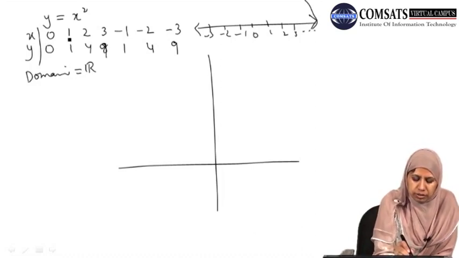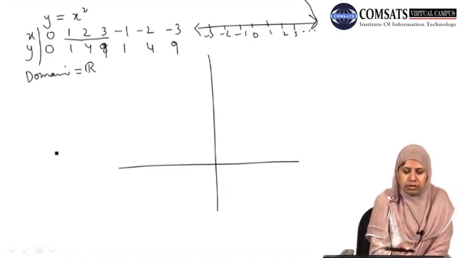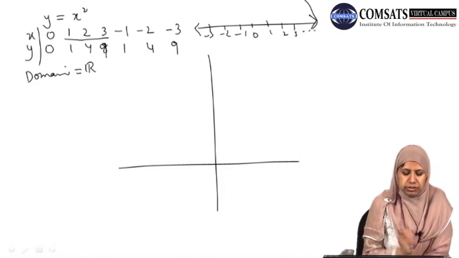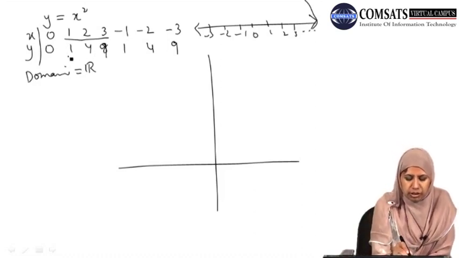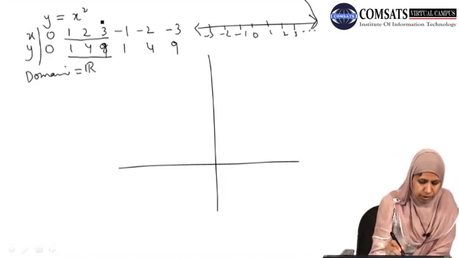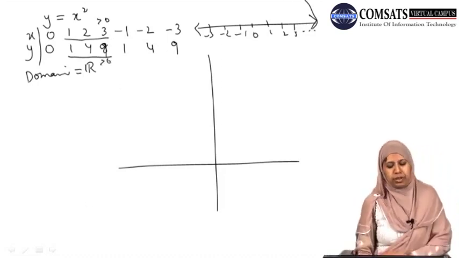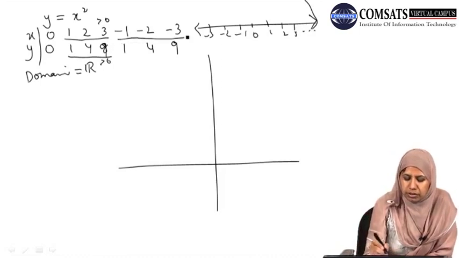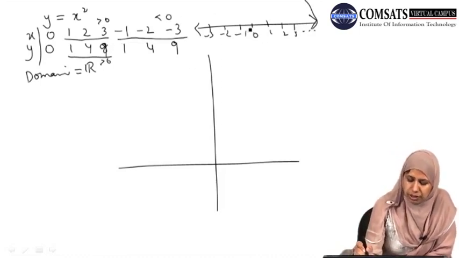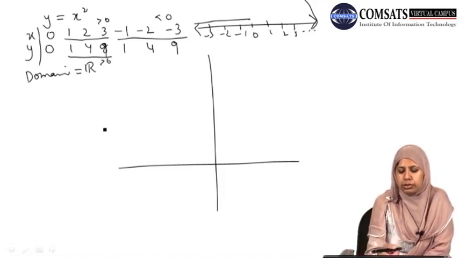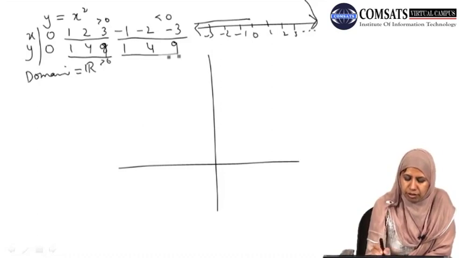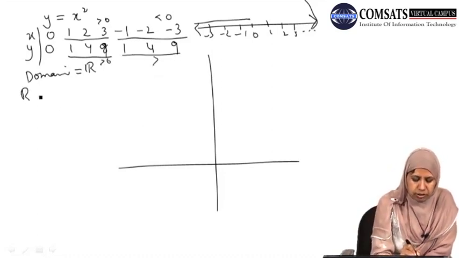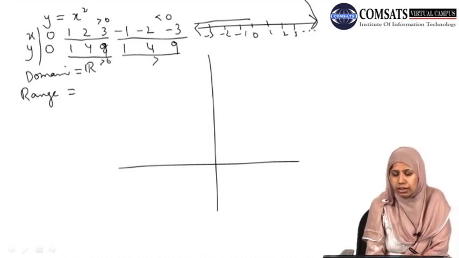When input is the set of positive values, the output is again positive. When input is the set of negative values, that is, we are taking the values of x from here, the output is again positive. So the range of this function is the whole real line?